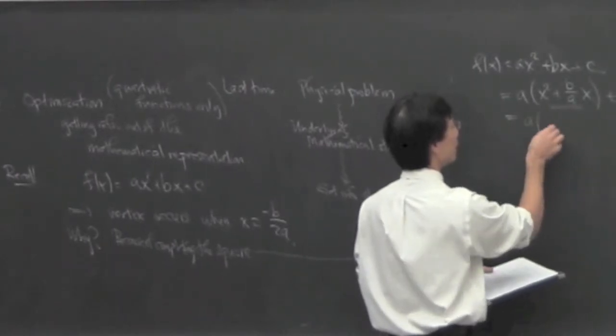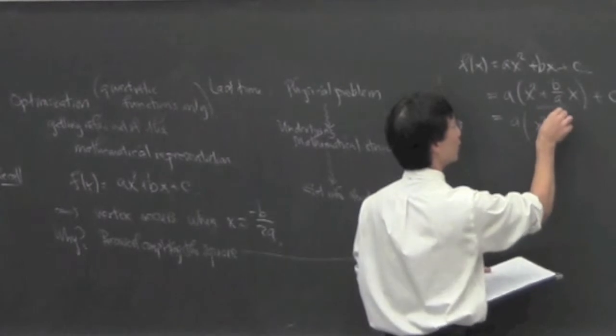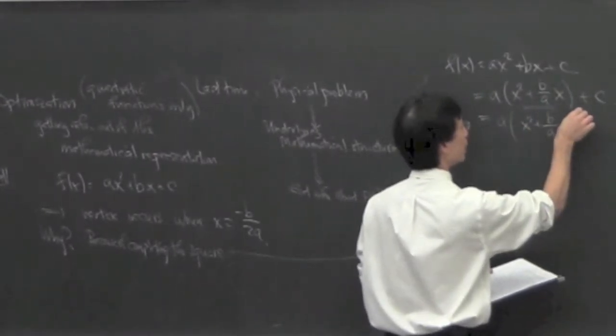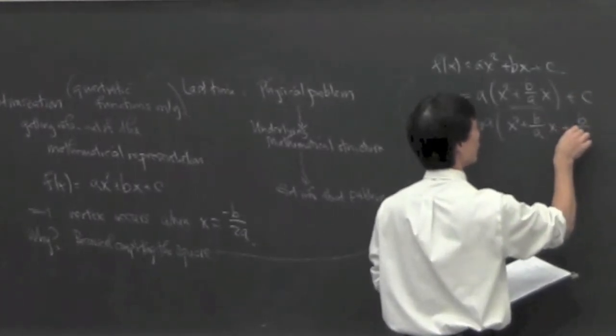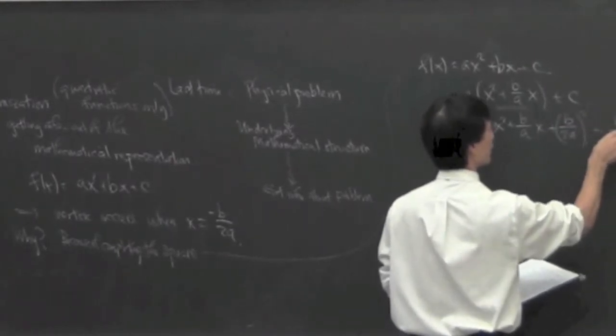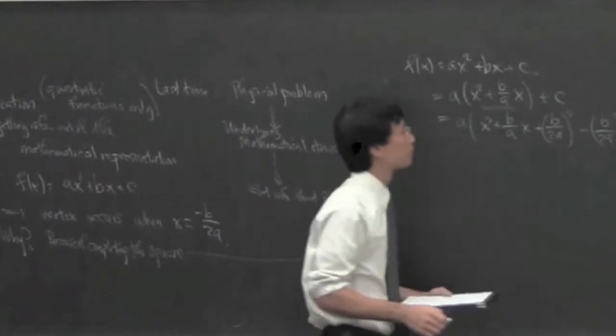We say a, and remember we have to add on b over 2a, half of that line squared, and we subtract off again half of that line squared. See?